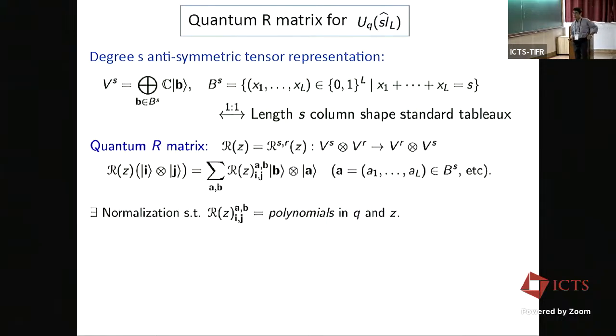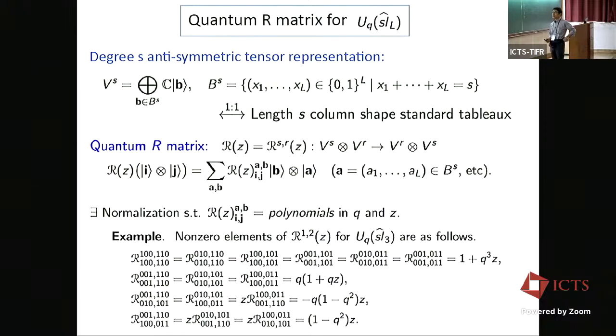There exists a normalization such that this matrix element simultaneously becomes a polynomial in q and z. Here is such a normalization for U_q(sl_L hat). All the other elements are 0.